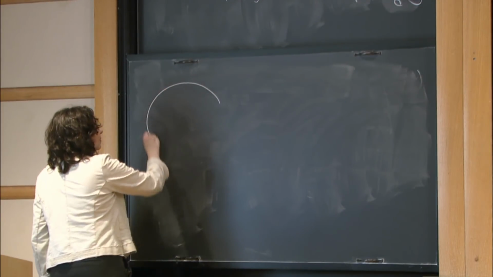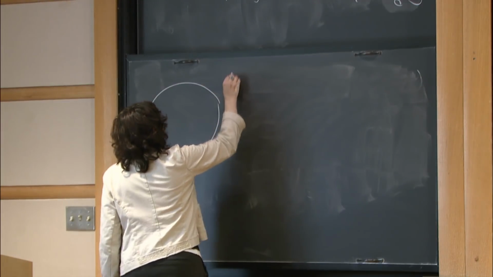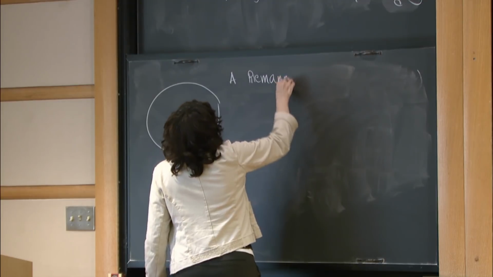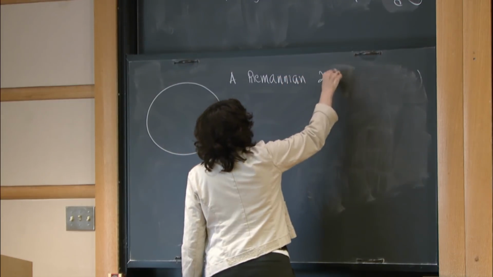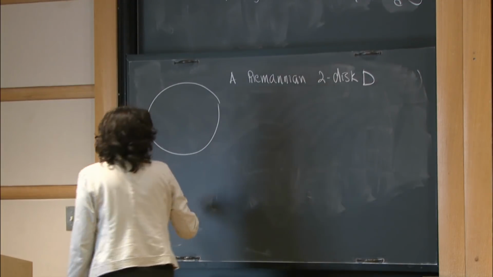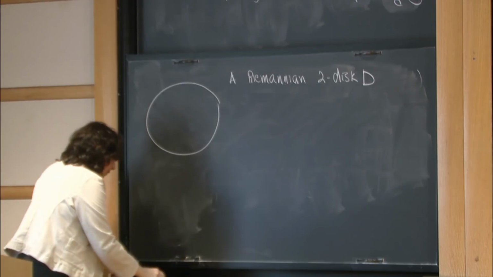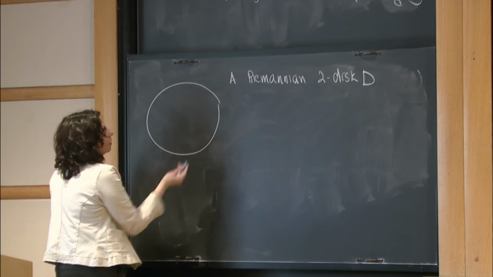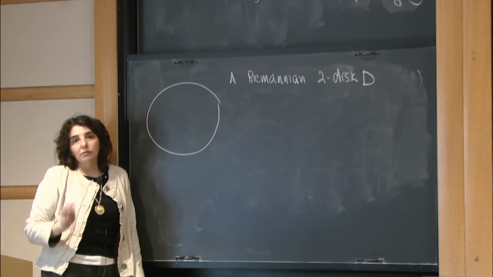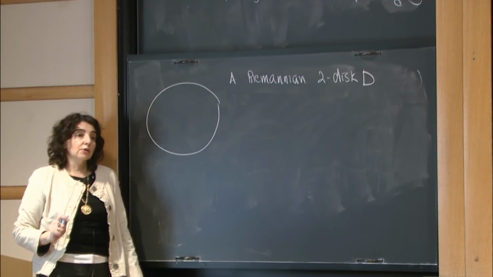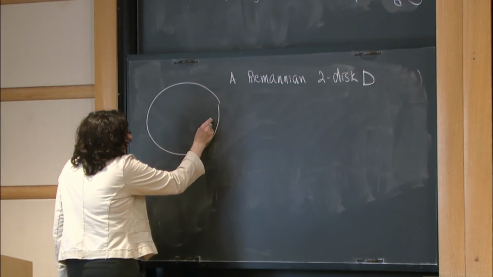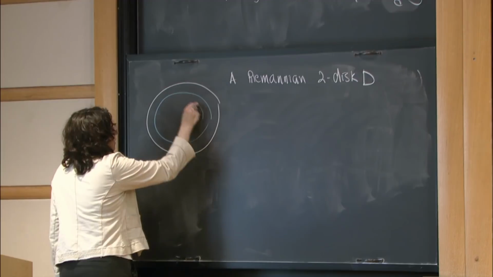So let's say we have a Riemannian two disk, and suppose I am contracting the boundary of this Riemannian two disk to a point. Now, I'm trying to contract it in the best possible way to make the lengths of curves as short as possible. So it would be nice if the homotopy looks like this.